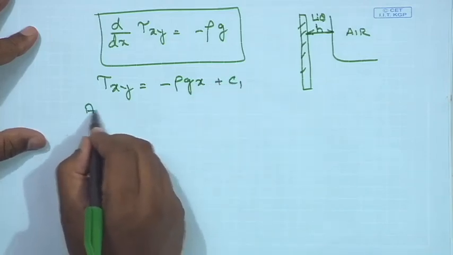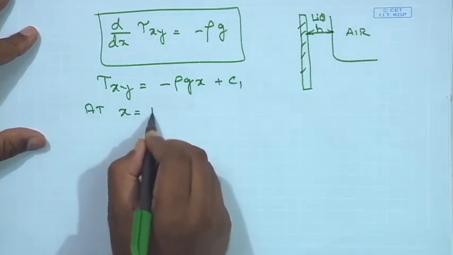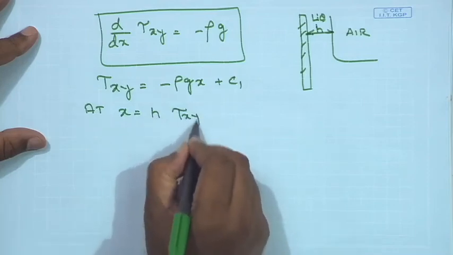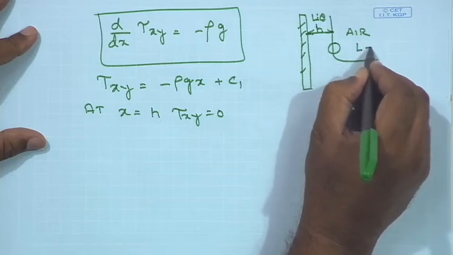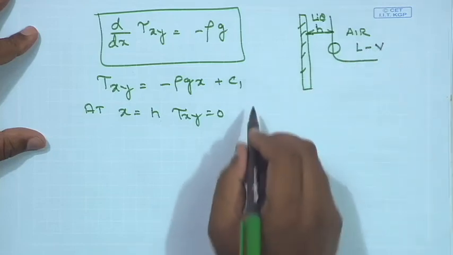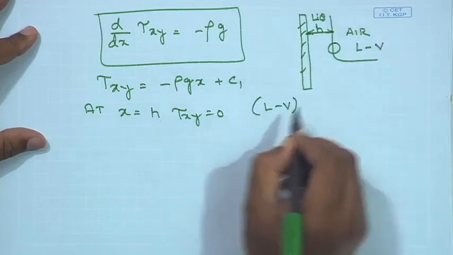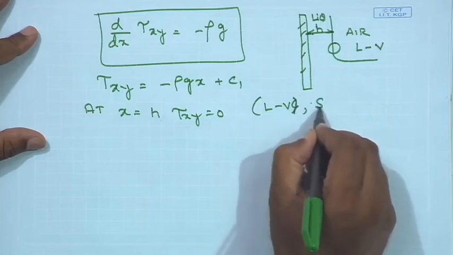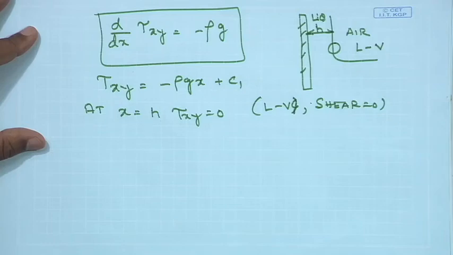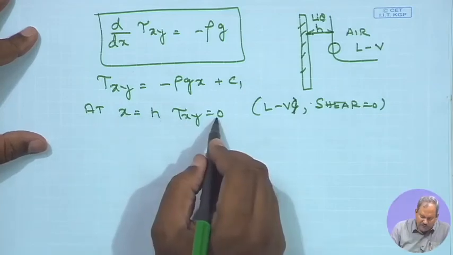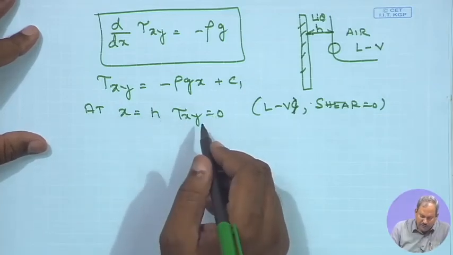Now, at x equals h, tau x y must be equal to 0. x equal to h is the liquid vapor interface, and at the liquid vapor interface the shear stress is 0. Since shear is 0 at this point, at x equals h, tau x y would be equal to 0.